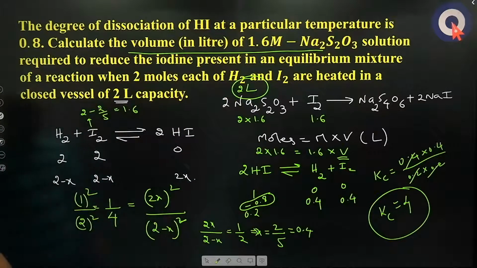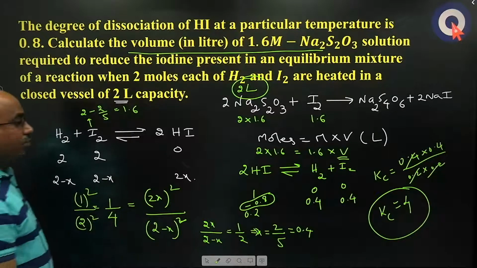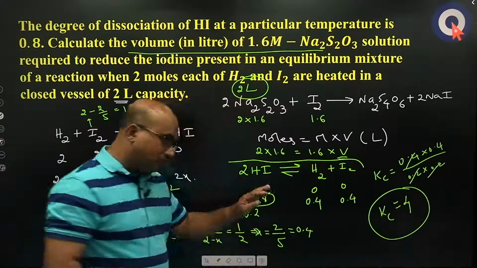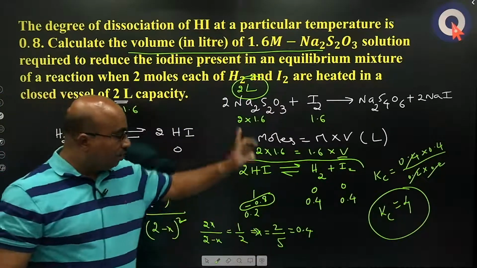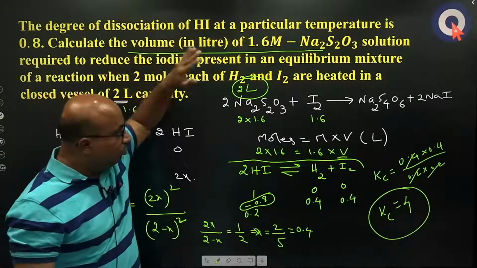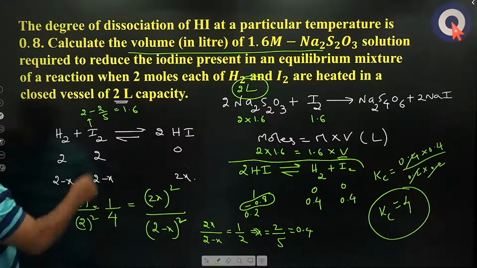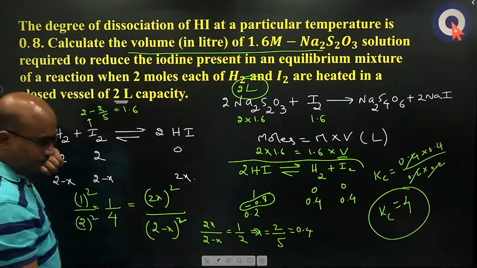Clear? So we measured the equilibrium constant from the initial information, and used that equilibrium constant value to find the amount of iodine that exists. Clear?